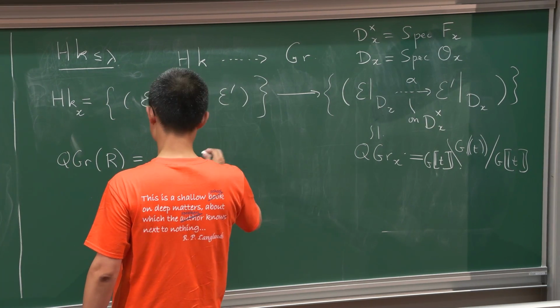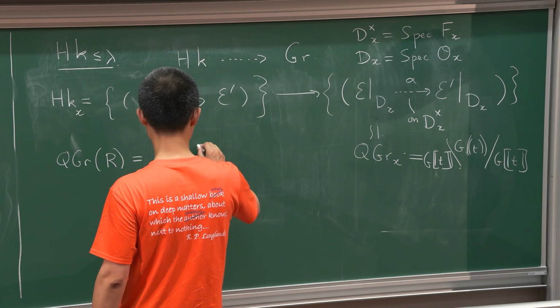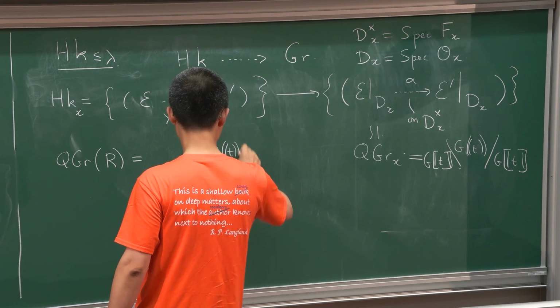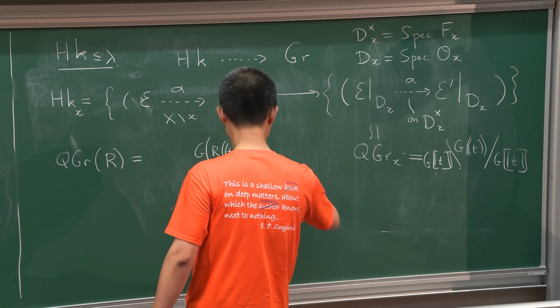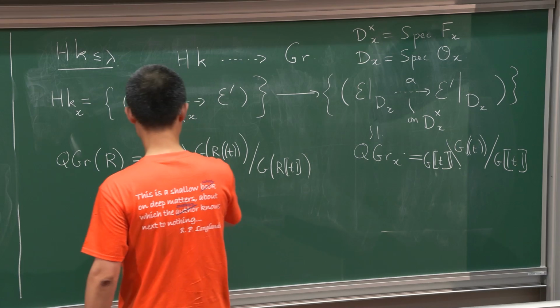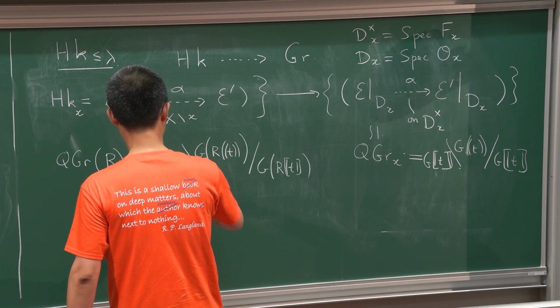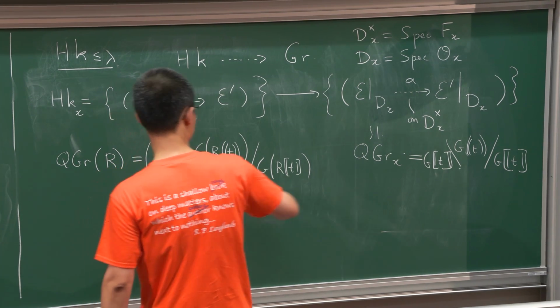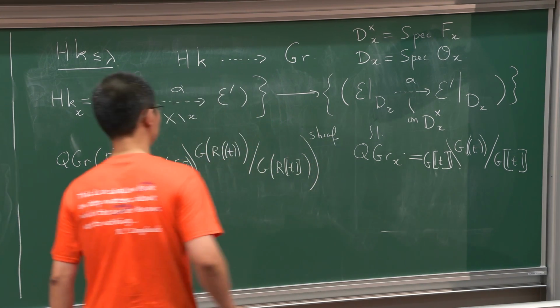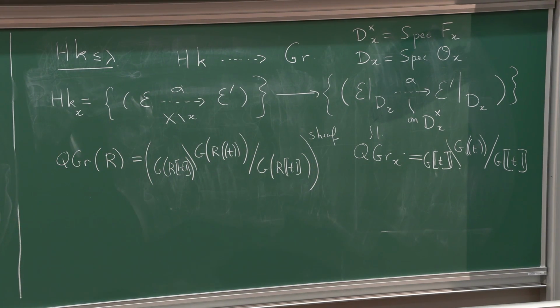It's just a naive quotient as a groupoid. And then you sheafify. I don't know how much this helps.